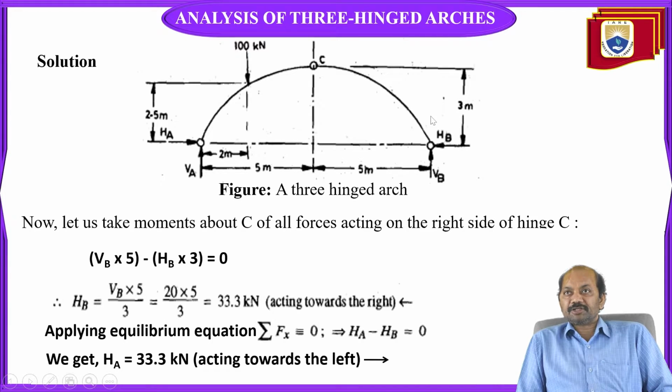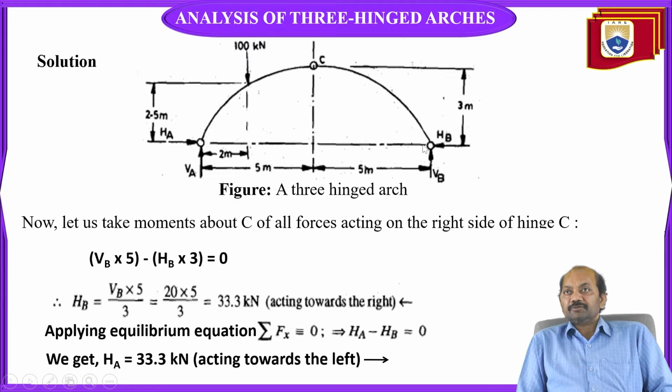So if we take moments from the right hand side, VB into 5. 5 meters is the distance between support B and crown C. So VB into 5 minus HB into 3 meters. 3 is the perpendicular distance to this force.